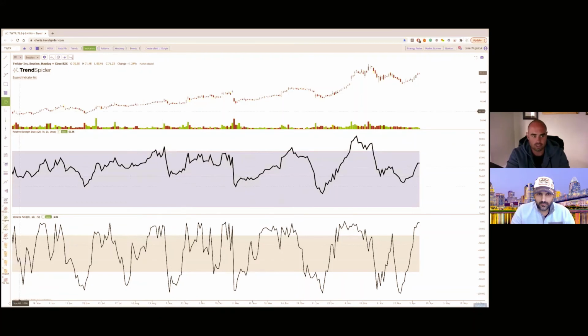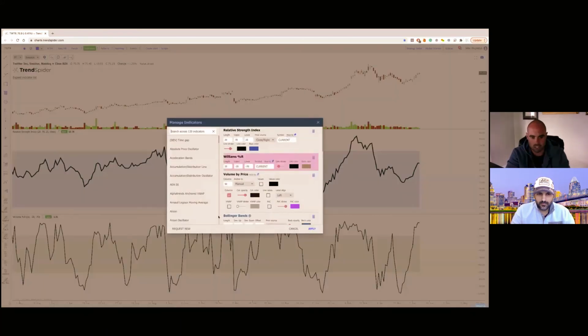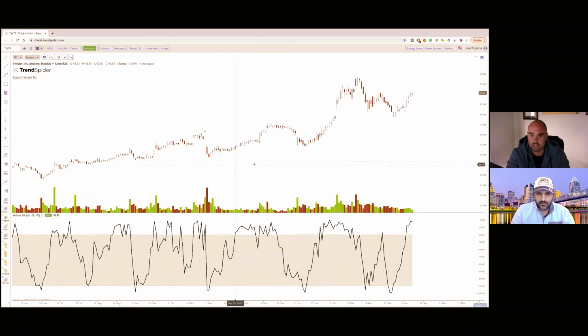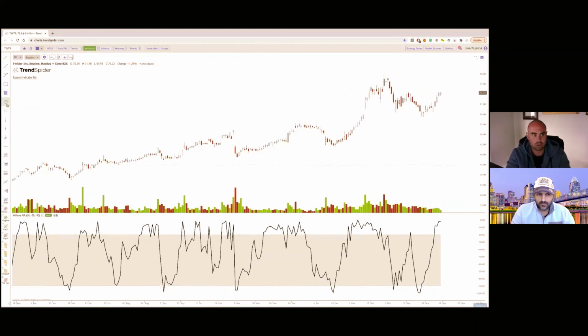Notice what happens on the percent R. Pretty much anytime the percent range gets below, let's make this lower threshold like -90, for Twitter at least, this could be different for other stocks, you'll see that this is a very strong signal. So especially on the downside, anytime that the price bottomed out, generally it was right at this area.